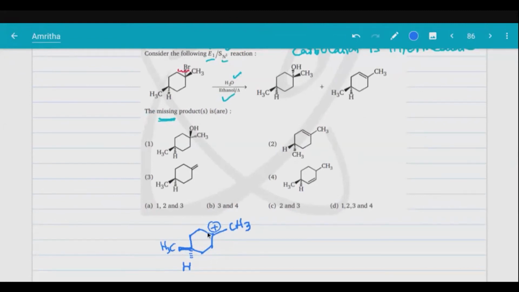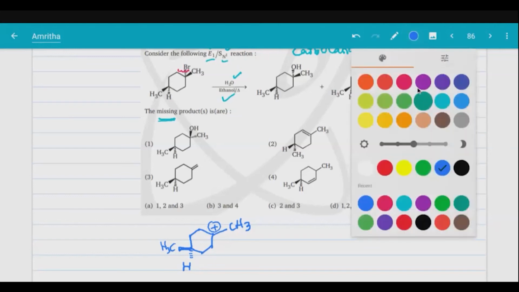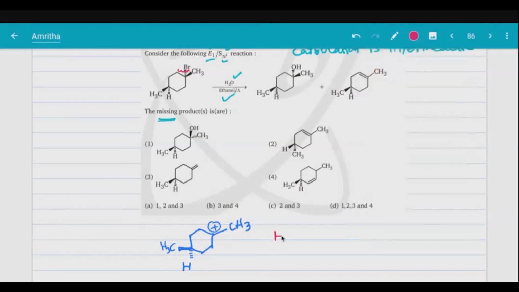If there is carbocation, now water can attack. Very simple. If I take substitution first, let us take SN1. This can attack from up or from down, both directions. Now don't change this chiral center, this will be as it is. But at this position water, meaning OH, will come either up or down.